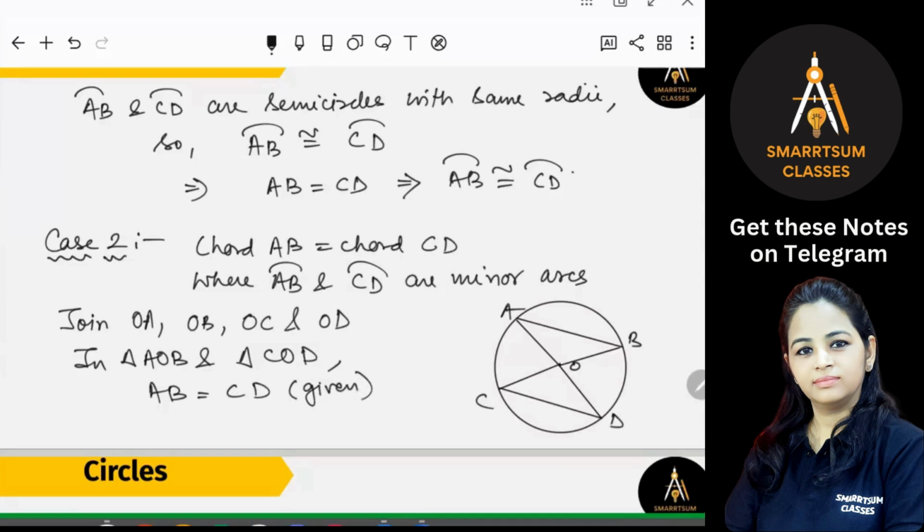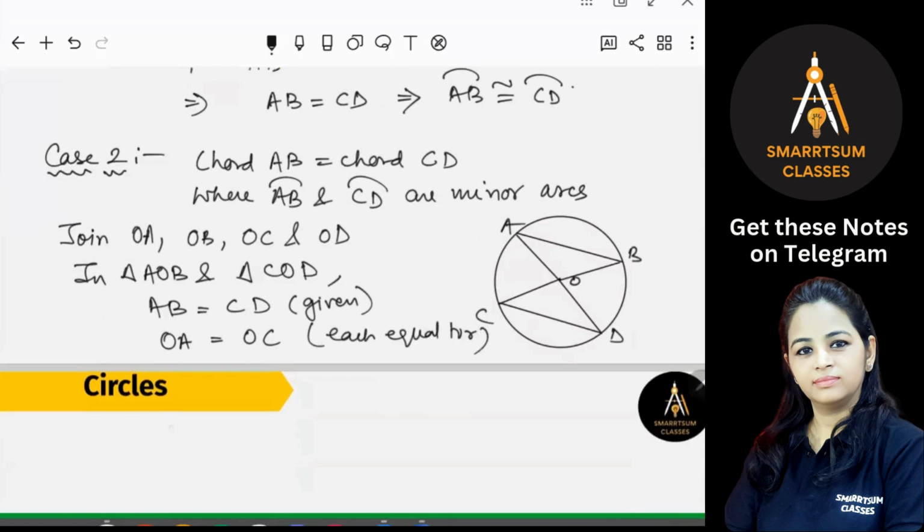OA is equal to OC, each equal to radius R. And OB is equal to OD, each equal to R. All are radii of this circle. And AB is equal to CD, already given in the question.